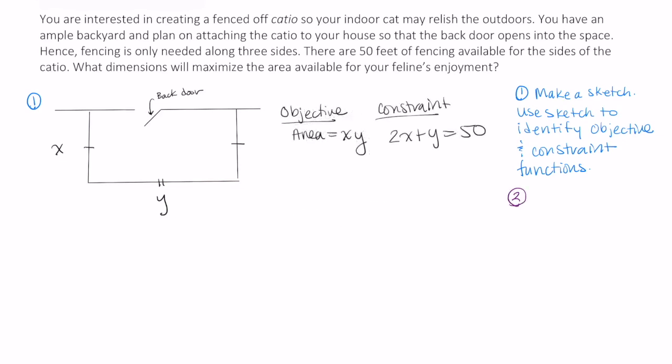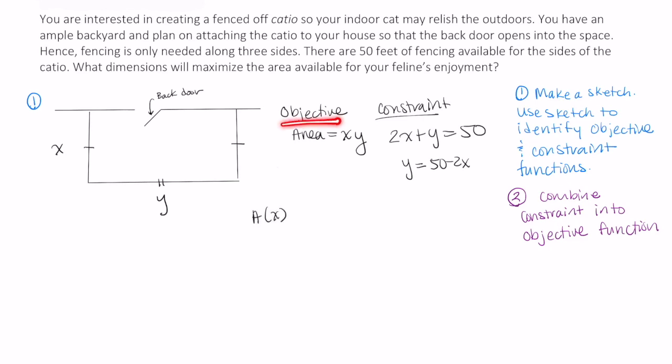Next, let's move on to step 2. And in step 2, we're going to combine this constraint into the objective function. And we can do this by solving for y, that is y equals 50 minus 2x. So our objective as a function of x is equal to x times (50 minus 2x), or just 50x minus 2x squared. And so there is step 2.